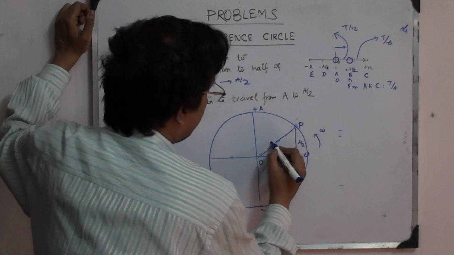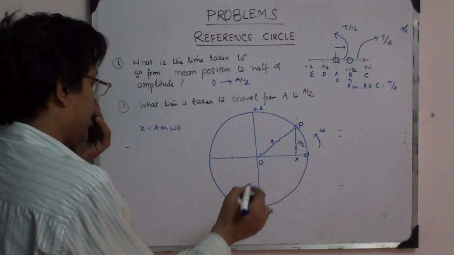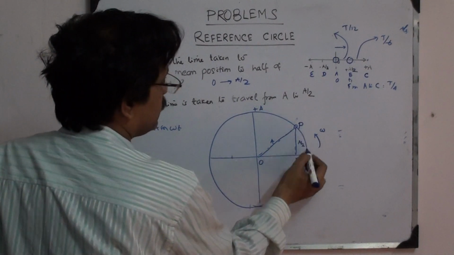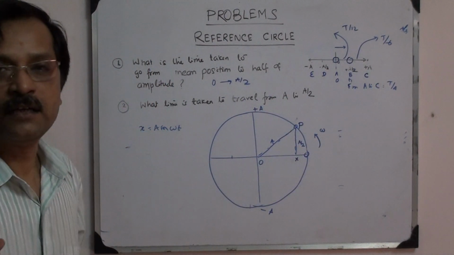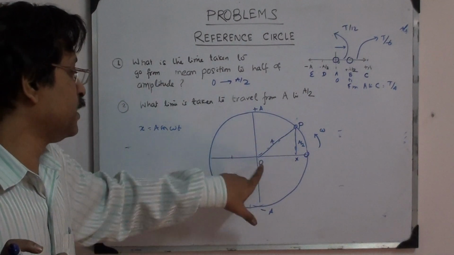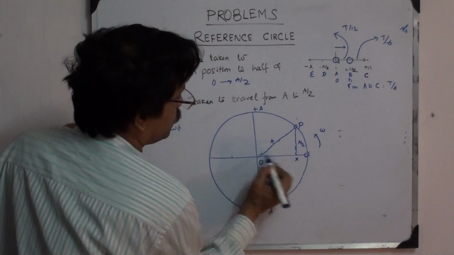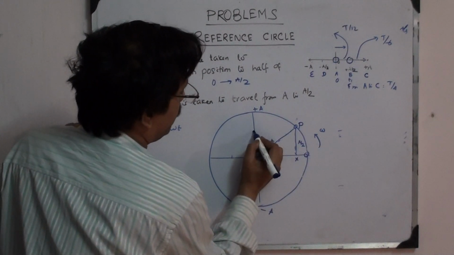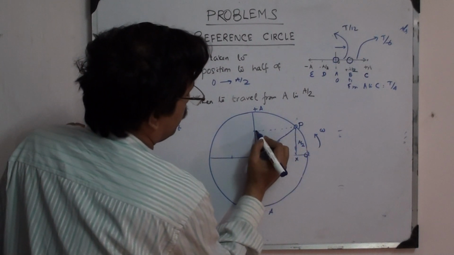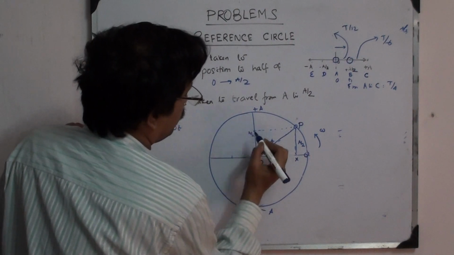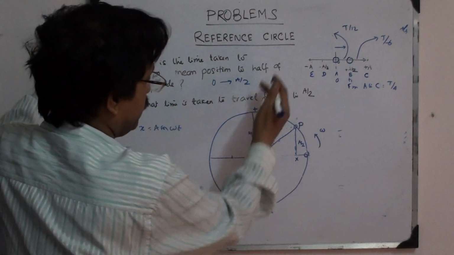What is OP? It is A. So you can see that from here to here is the time that will be taken for the displacement to reach from 0, the vertical displacement here, to A by 2. This is the forward journey.